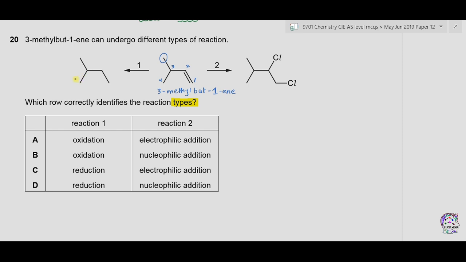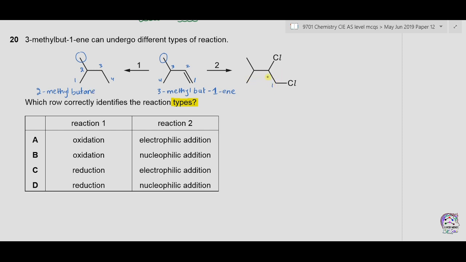Let's find out the name of this product. We have 1, 2, 3, 4 carbon atoms in the long chain, and on the second carbon we have a methyl group, so it is 2-methylbutane, as we have single bonds and there are 4 carbon atoms in the long chain. Let's find out the name of the third compound.